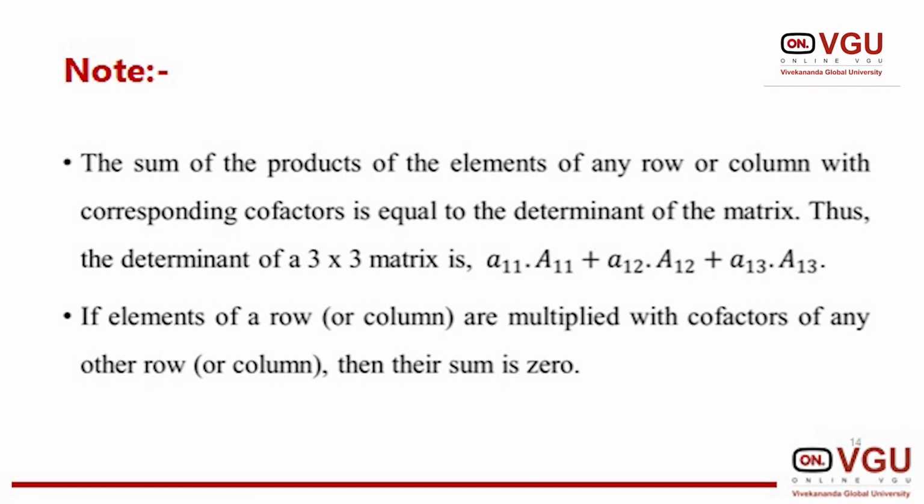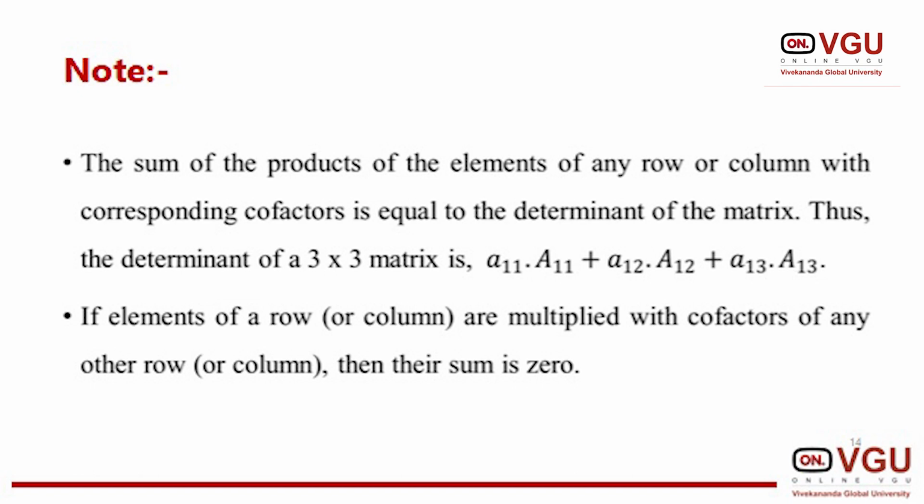There are some interesting properties, and if we are discussing the determinant we should be very careful about them. The sum of the products of the elements of any row or column with the corresponding cofactors is equal to the determinant of the matrix. It's a very interesting thing.